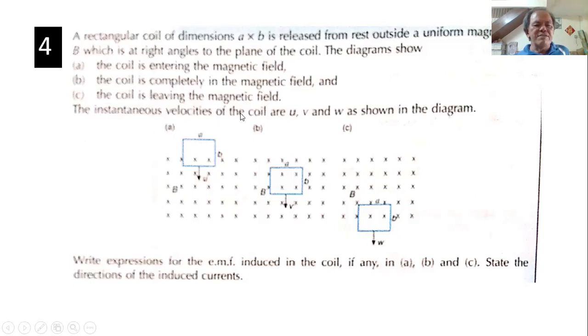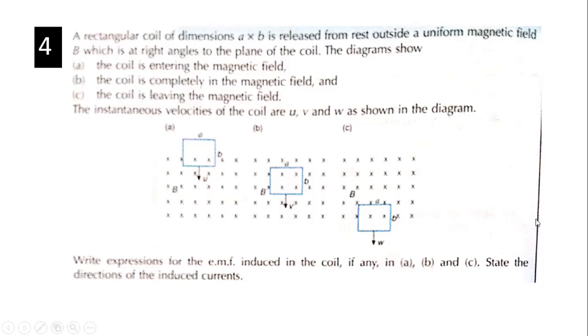The instantaneous velocity for the coil is U, that one is V, that one is W, as shown in the diagram. Write the expression for the EMF induced in the coil, if any, in A, B, and C, and the direction of the induced current. Okay.